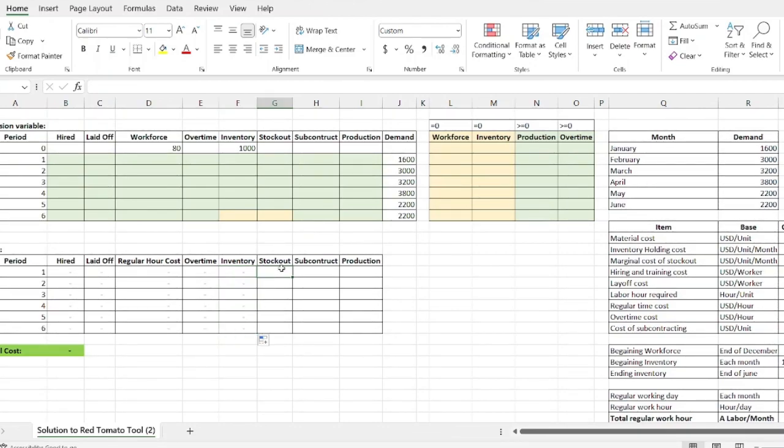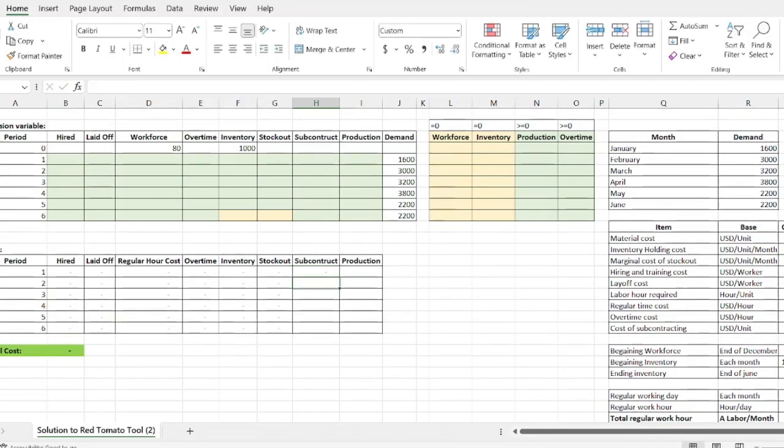Stock out situation. Similarly, stock out multiplied by the stock out cost. F4, then drag that. Subcontracting cost is equal to the number of subcontracts times the cost of subcontracting.